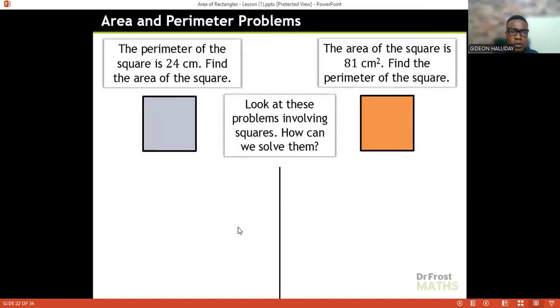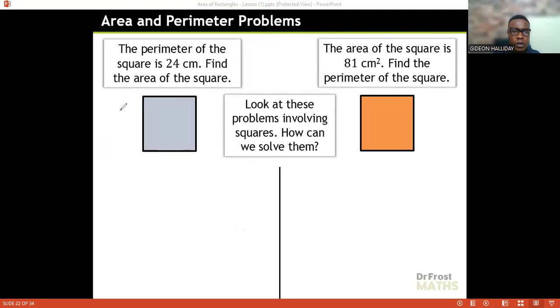Now, for these ones, these are some you need to do by yourself. So pause the video and try to solve it. All right, the perimeter of the square is 24 centimeters. Find the area of the square. Perimeter of a square is you multiplying the length by 4.